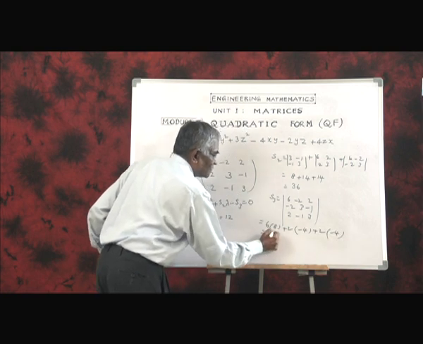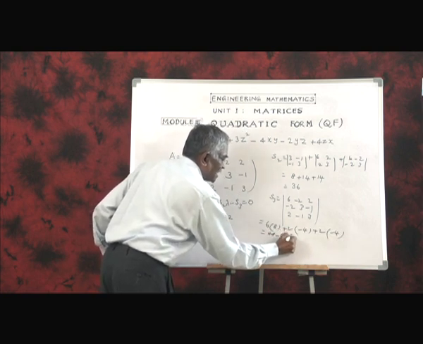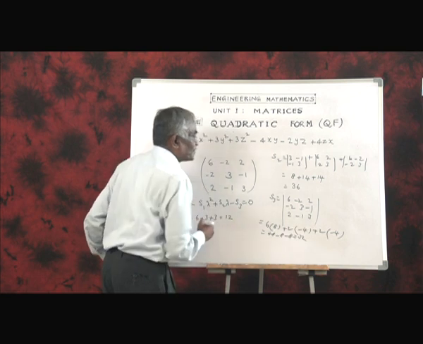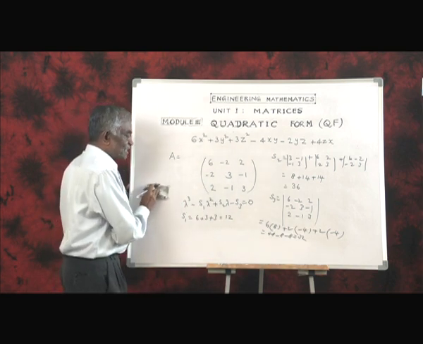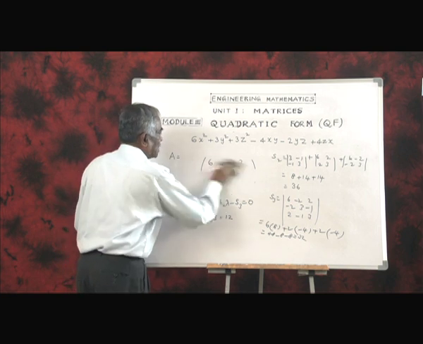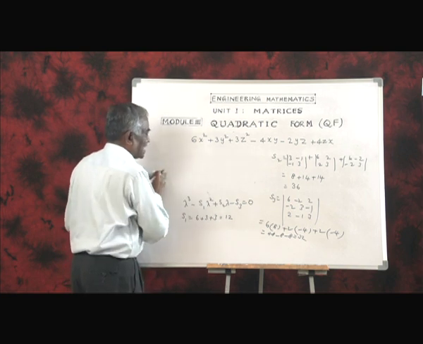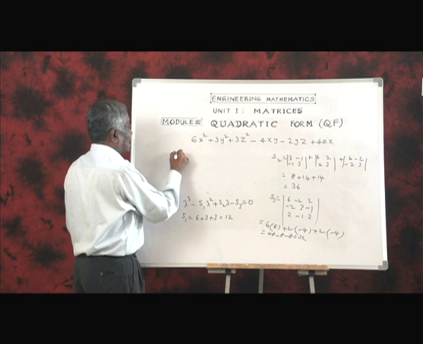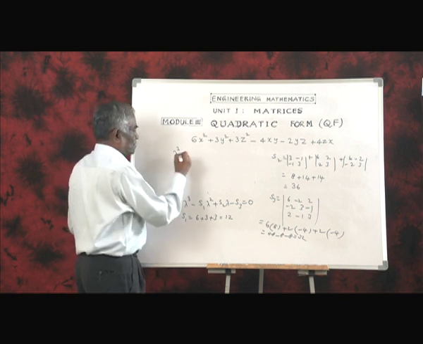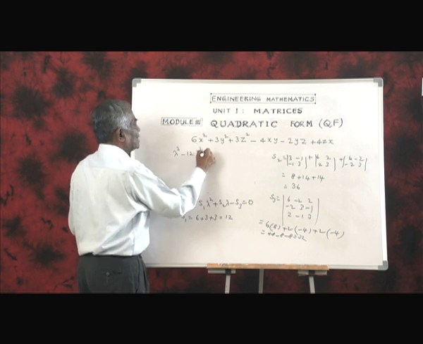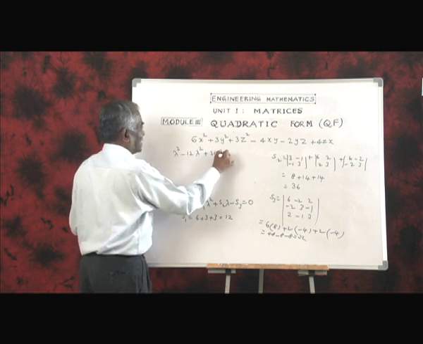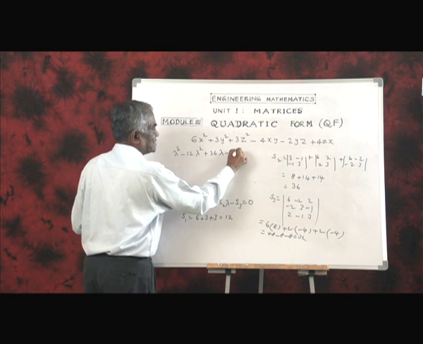So what do you get? 48 minus 8 minus 8, that is equal to 32. So we got S1, S2, S3. Substitute for S1, S2, S3 here. Then you will get the characteristic equation as lambda cube minus 12 lambda square plus 36 lambda minus 32 is equal to 0.